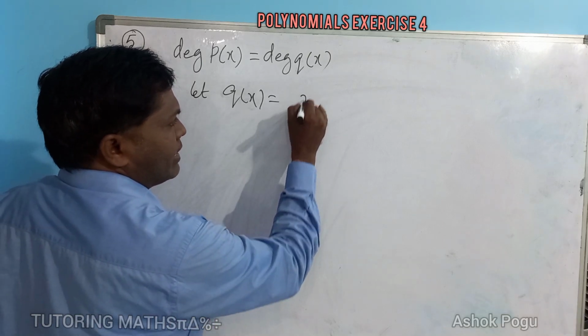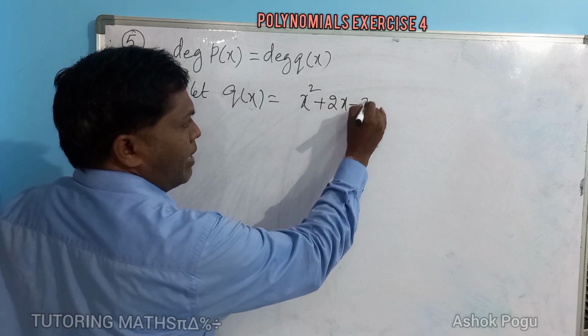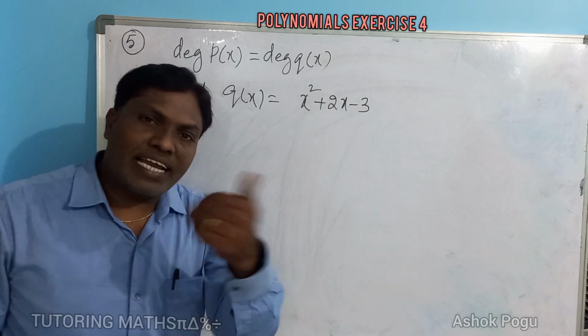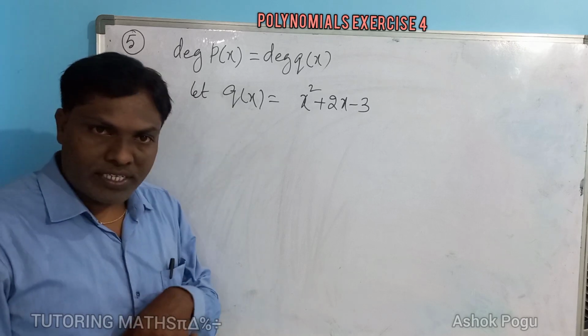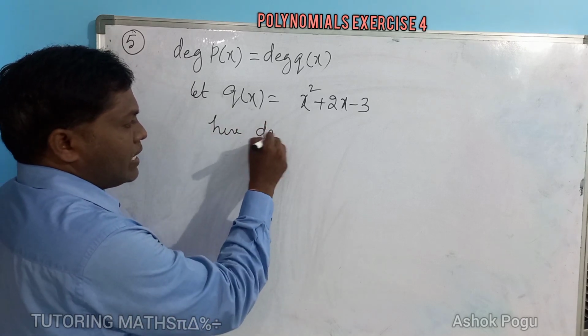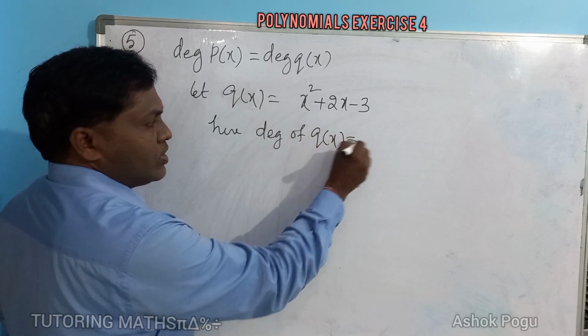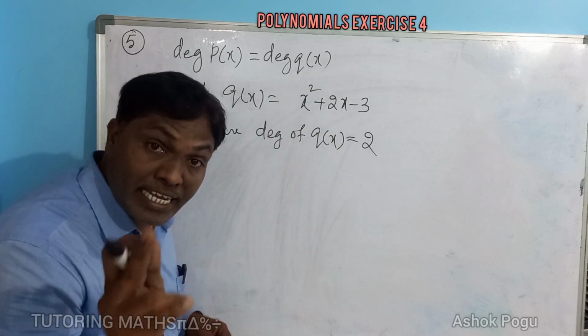Yes, I can take x square plus 2x minus 3. I have taken a second degree polynomial q of x. Here, what is the degree? Degree of q of x is 2 because it is a second degree polynomial.